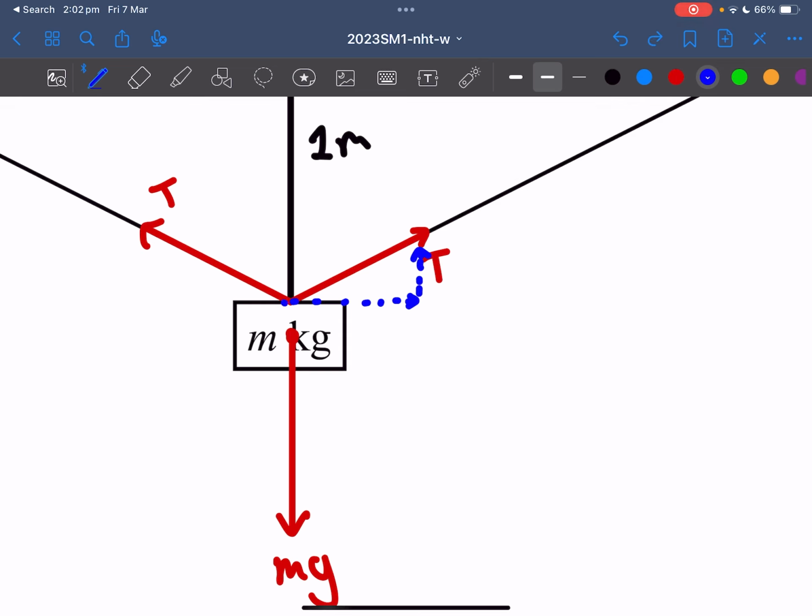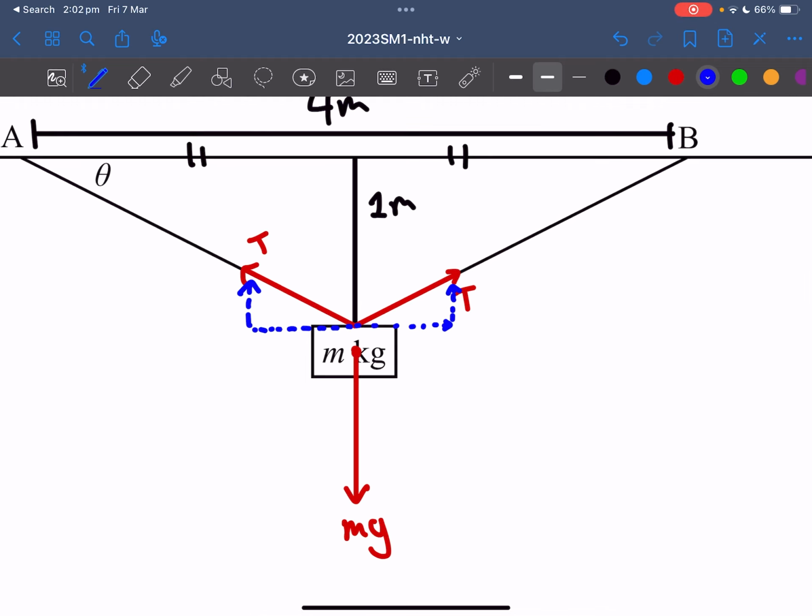So the vertical component of both of the tensions must be equals to mg, right? Okay, hopefully that made sense.